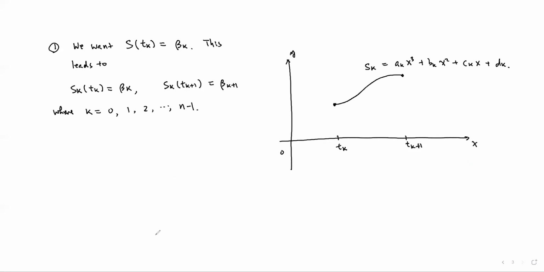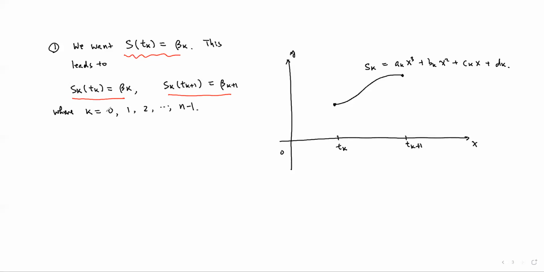Now, how many equations from this condition? Plug t_k in for x here, then set this to beta_k: one equation. Plug t_(k+1) here and set it to beta_(k+1). So two equations for each k.